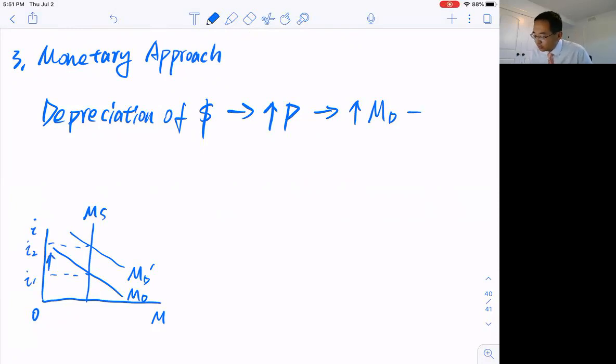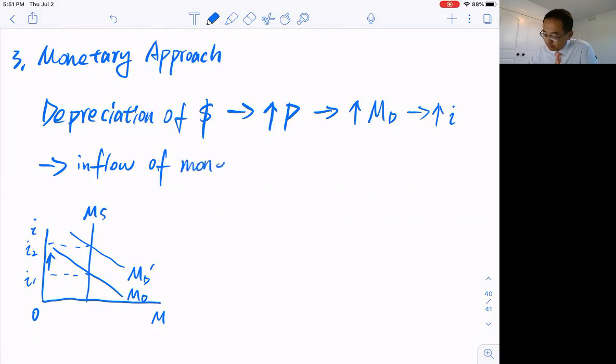So that leads to a higher interest rate. A higher interest rate leads to an inflow of foreign capital, an inflow of money. Inflow of money leads to what? Inflow of money leads to appreciation of the dollar.